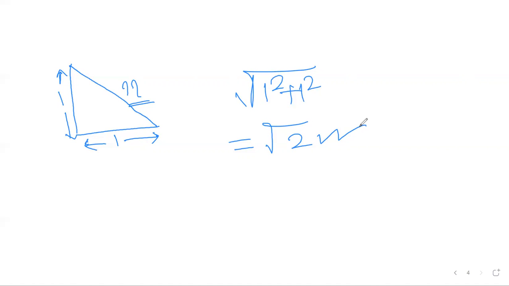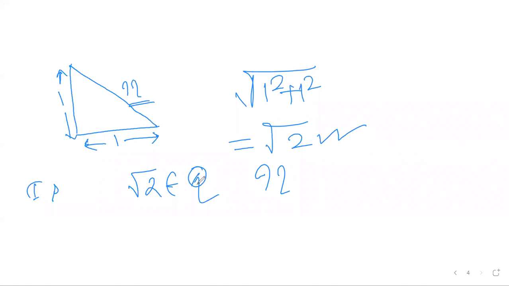Now the question is, is root 2 rational? That means, does root 2 belong to Q or not? This is the question mark, right? So first we have to see whether it belongs to Q or not.